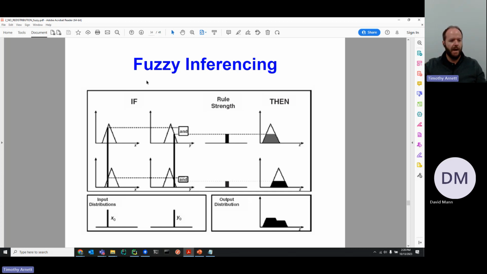Minimum represents the max value, so it's giving you the max contribution for that rule, as opposed to something like product, which will give you a lower contribution, which gives you different properties. On the OR side, similarly to product, there's a probabilistic OR, which is similar to the calculation you would do for disjunction in classical sets, where you have the addition of the values and then subtract their product.